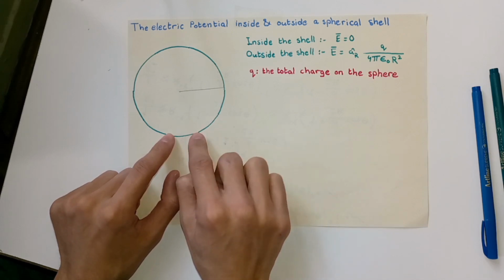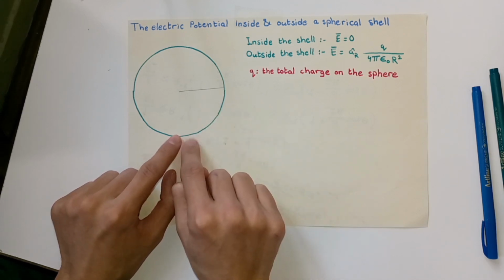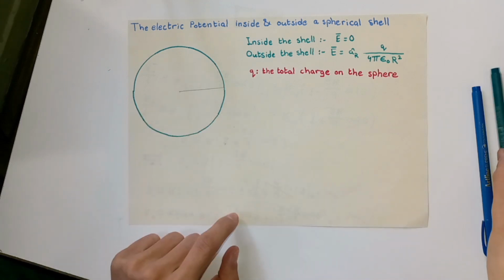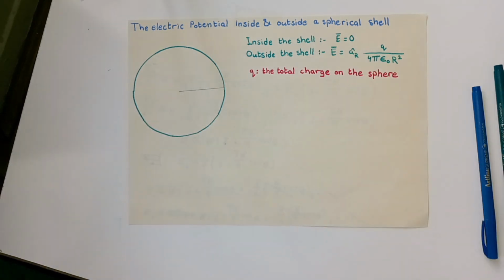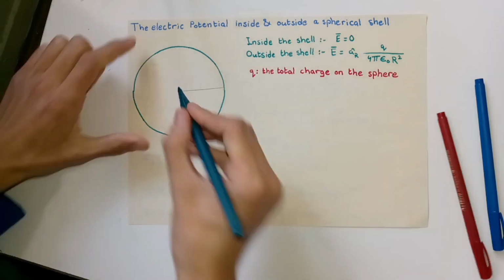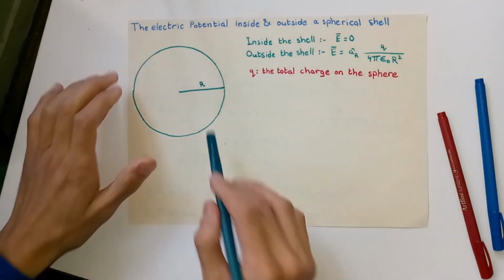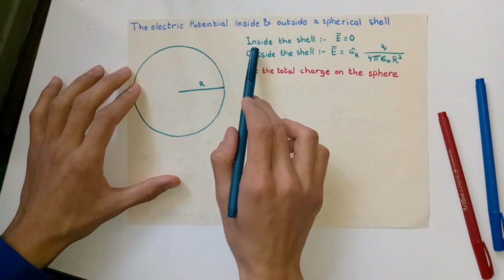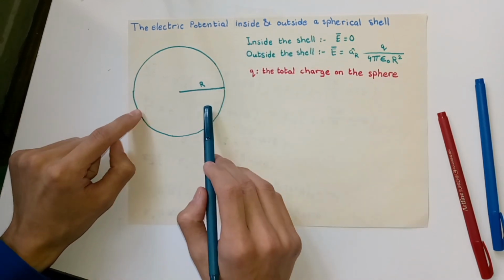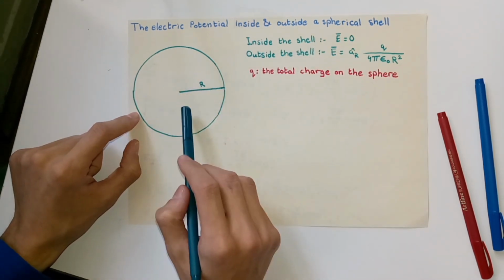Okay, we see in this figure I draw a sphere that has some radius. Let's say that this radius is r. We proved before that inside this spherical shell we have no electric field.